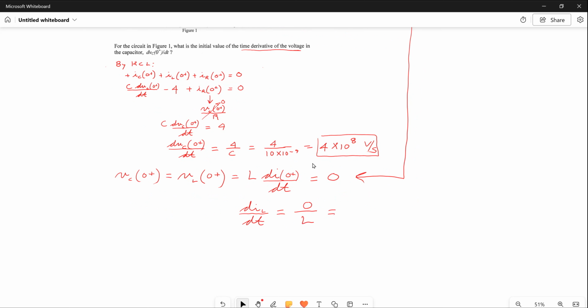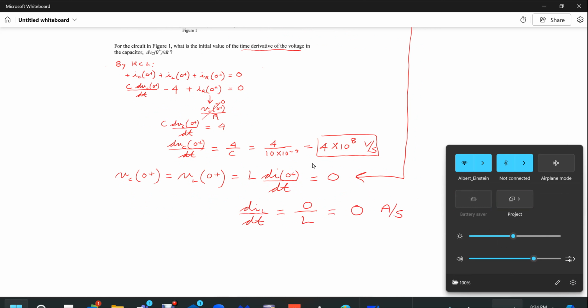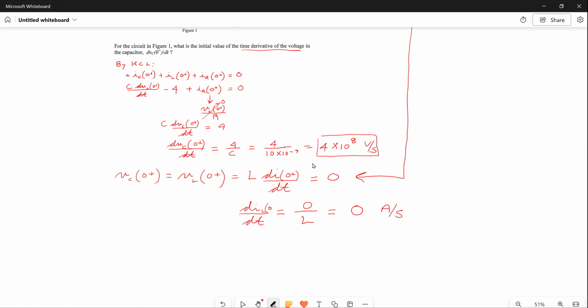Who cares what the inductance is? The numerator is 0. That gives you 0 amperes per second. So the time derivative of the current in the inductor at 0 plus is 0 amps per second. So that's one problem. It shows you how to work it out.